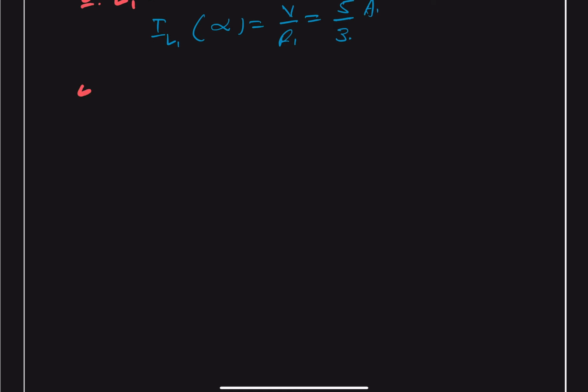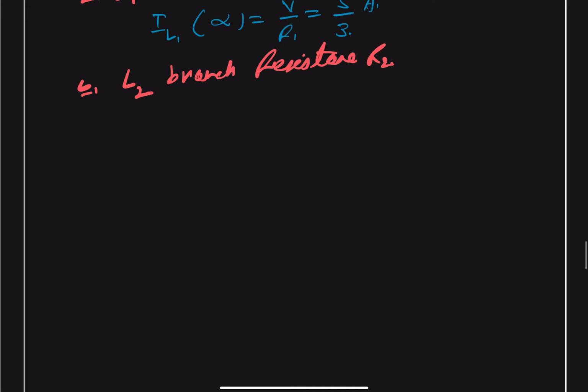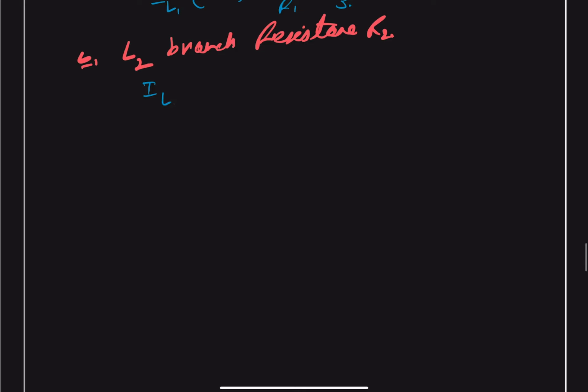Next is our L2 branch, whose resistance is R2. So IL2 at infinity will be equal to V upon R2, and V is 5 volt and R2 is given as 4.